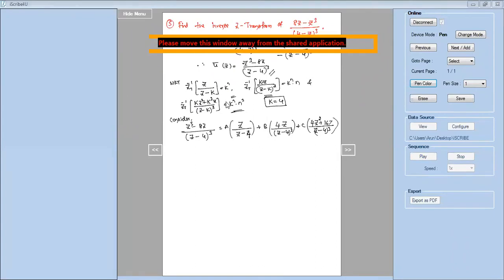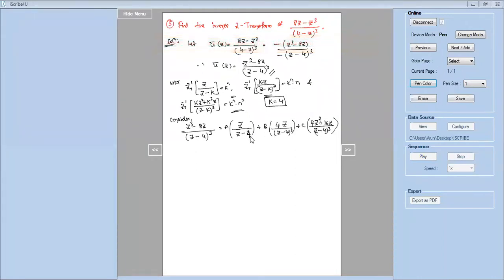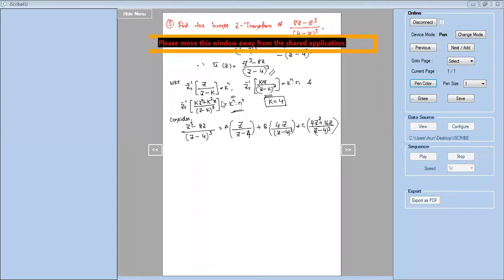So I'll use this formula. I'm going to resolve it into partial fractions. While resolving, I'll give a gap in the numerator, and that gap will be filled by looking at the denominator in such a way that the terms map with the formulas of inverse Z transformation that we have written here.